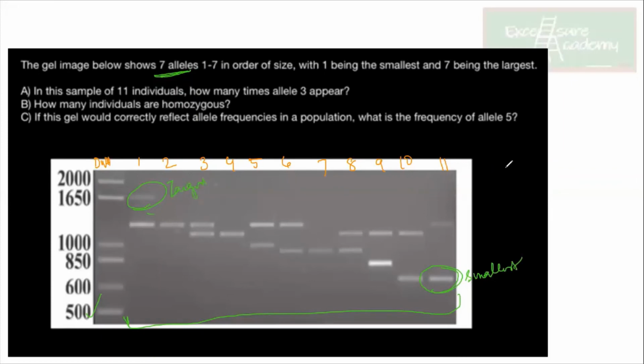Okay. So how many alleles are there? 7 alleles are there. So this is your 1, this is your 2, this is 3, this is 4, 5, this is 6 and then this is 7. Do you understand how I did this?